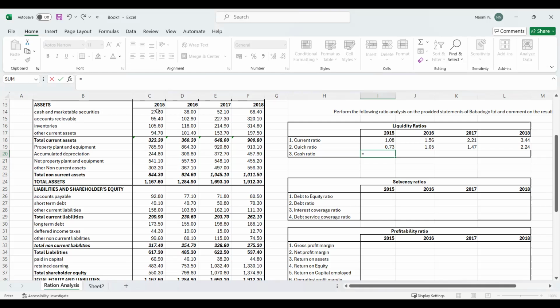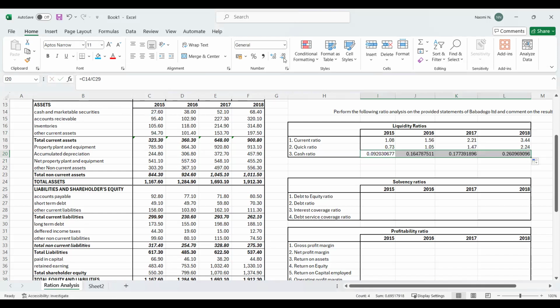We will focus on this one. Then we divide by the total current liabilities, guys. So we have cash and this is it.